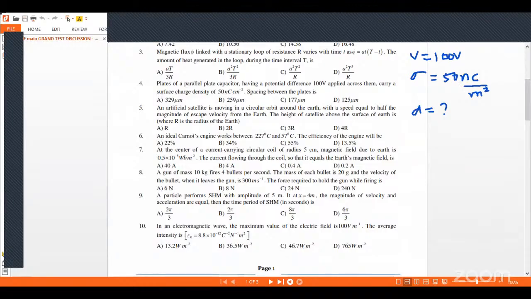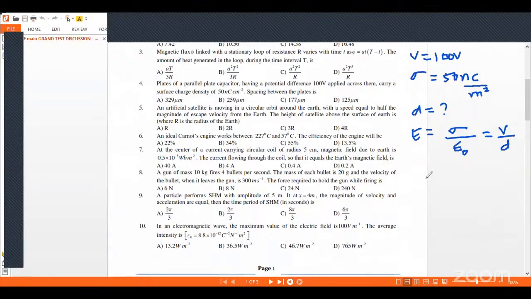Since electric field between the plates, finite plates, it is E equal to sigma by epsilon, that is equal to V by D.